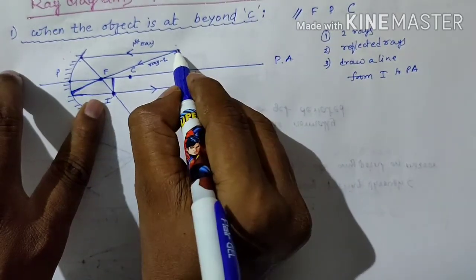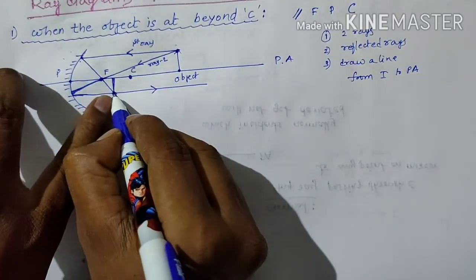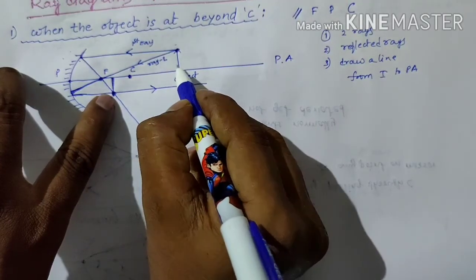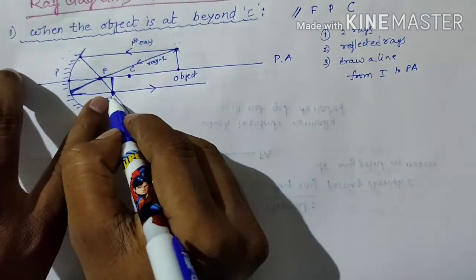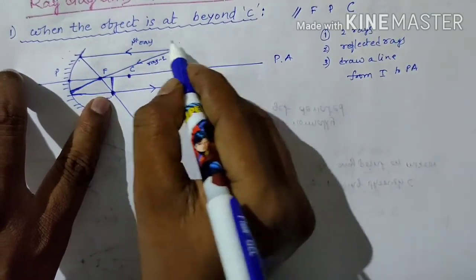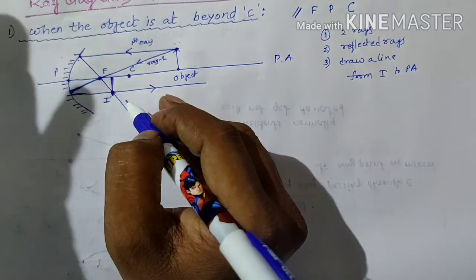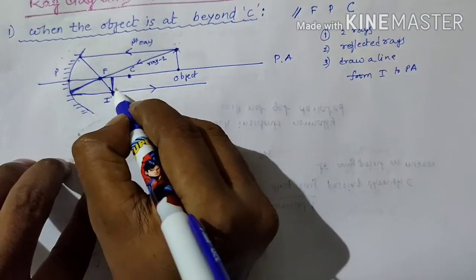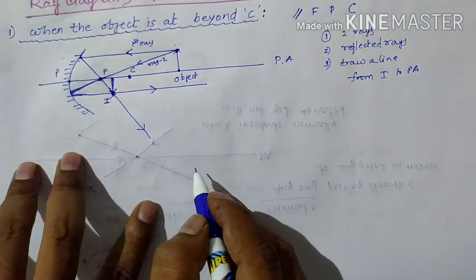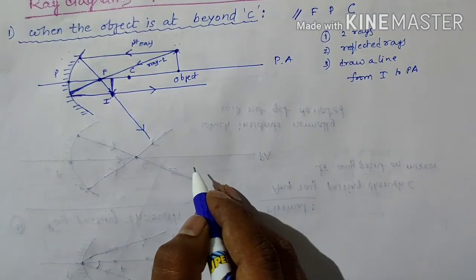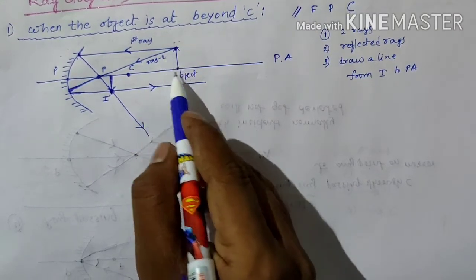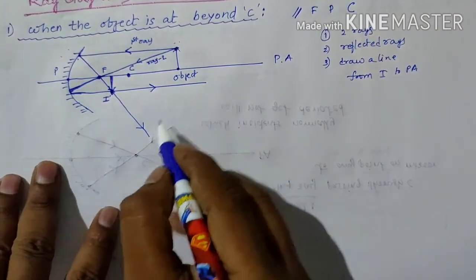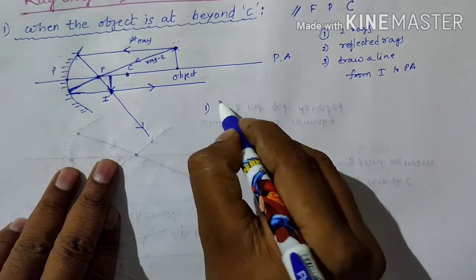If it is the head, the image of the head is formed here. If it is the base, the image of the base is formed here. Your head is on the top, and here the head is on the bottom. That means the image gets inverted. Here you get an inverted image. So in this way we have to draw the ray diagram when the object is placed beyond C.